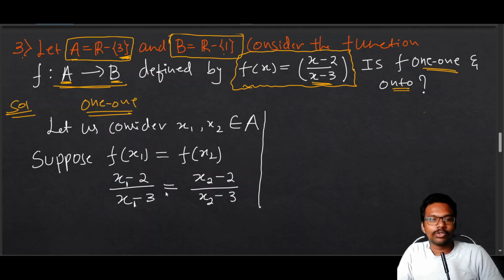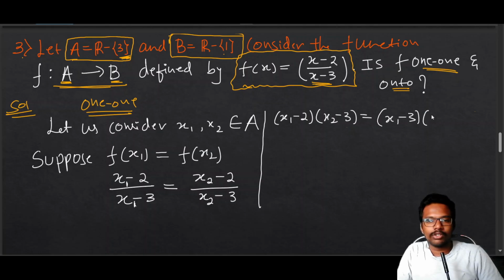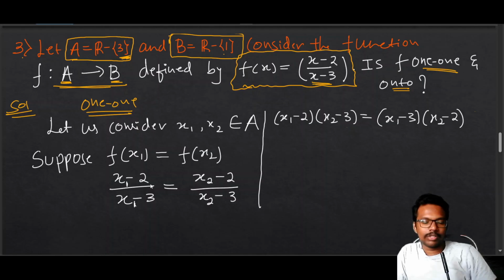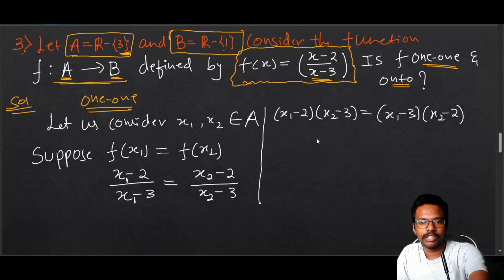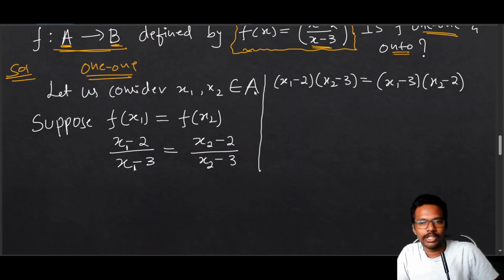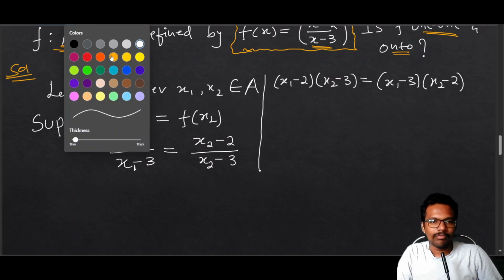Here x1 minus 2 into this denominator x2 minus 3, so x1 minus 2 into x2 minus 3 equals, now cross multiplying the other side, x1 minus 3 into x2 minus 2. Now there is no denominator here, everything is in the numerator, so it will be easy to multiply. Okay, so let's multiply now.